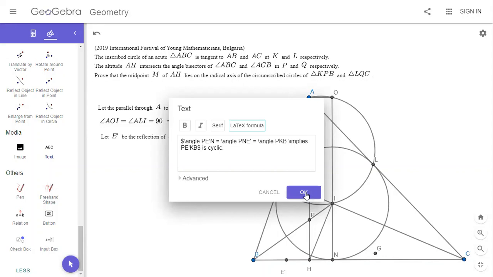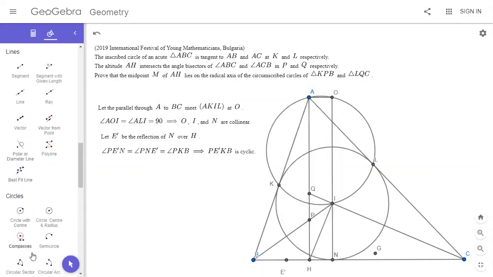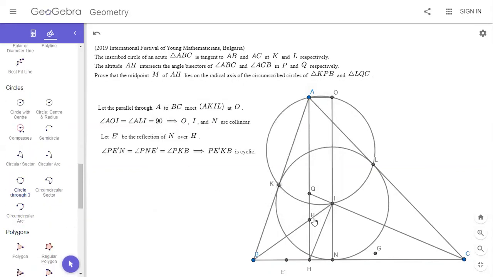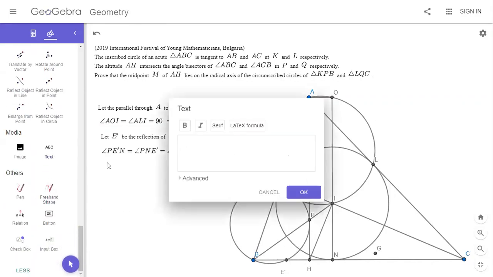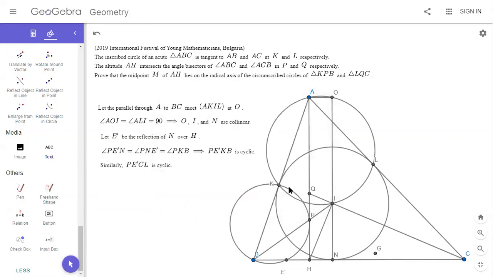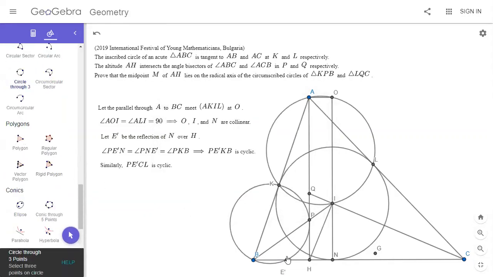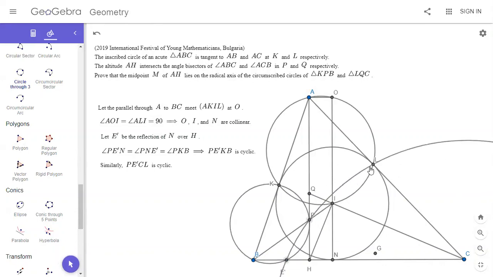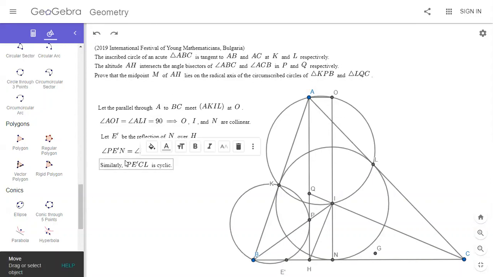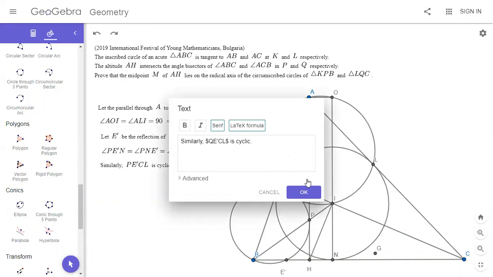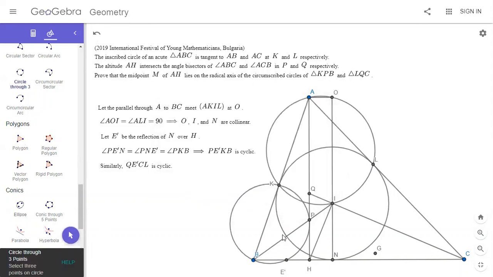And similarly, we could draw that circle. And then similarly, QE prime CL is cyclic. And so that means that E prime equals E.